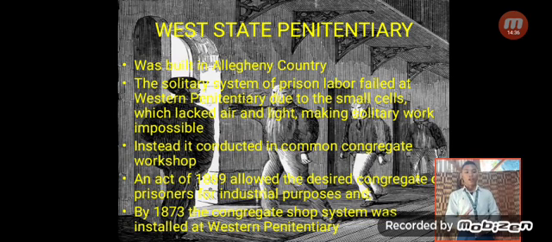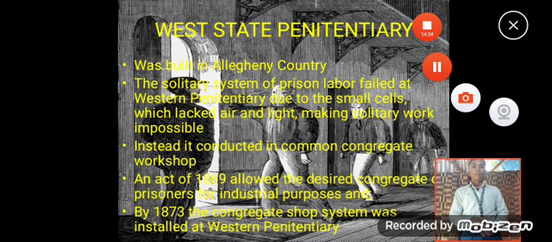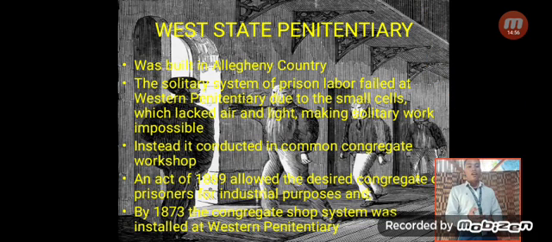This solitary system of prison labor failed at the Western Penitentiary due to the small cells, which lacked adequate air and light, making solitary work impossible. Instead, labor at Western Penitentiary was conducted in a common congregate workshop, and the system of solitary confinement was abandoned.